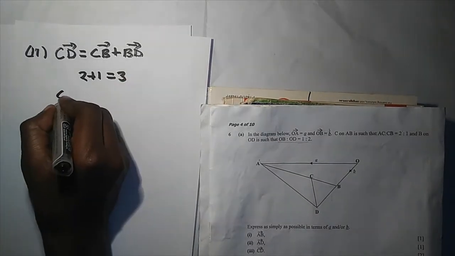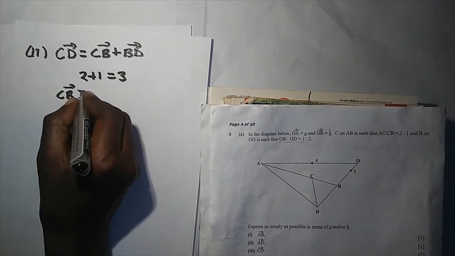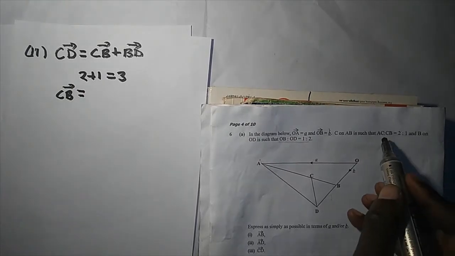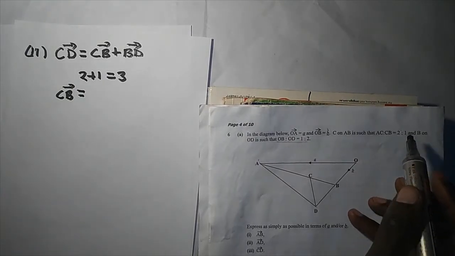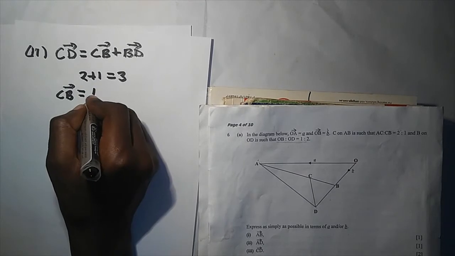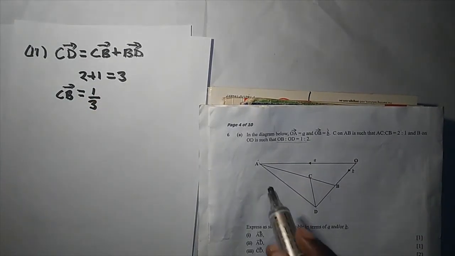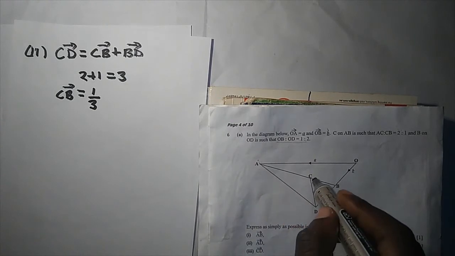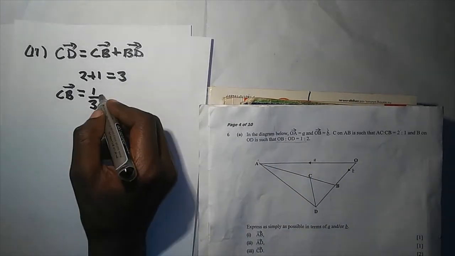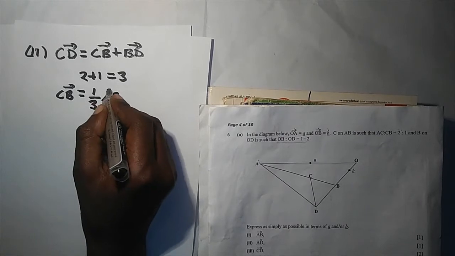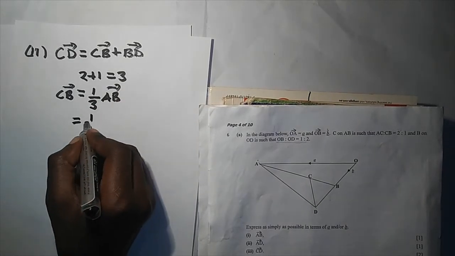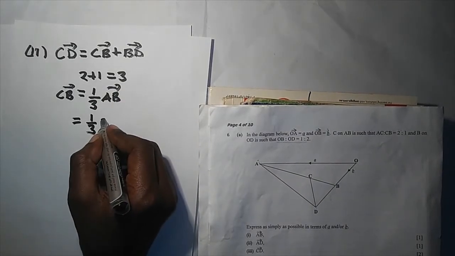And so CB will be equal to, now when you look at our ratio here, CB is represented by 1. So we are going to have 1 over 3, which is the total, multiplied by AB, because C is found between A and B. So we are going to have 1 over 3 times AB.